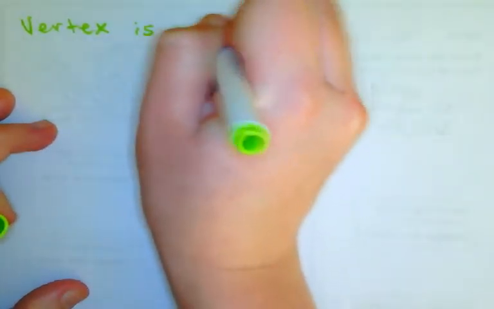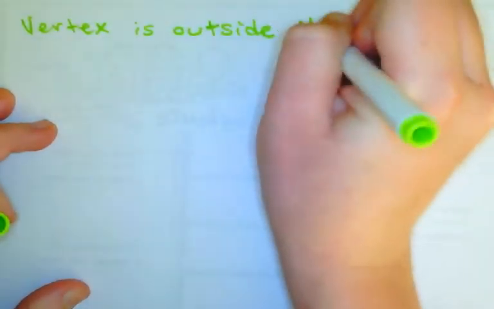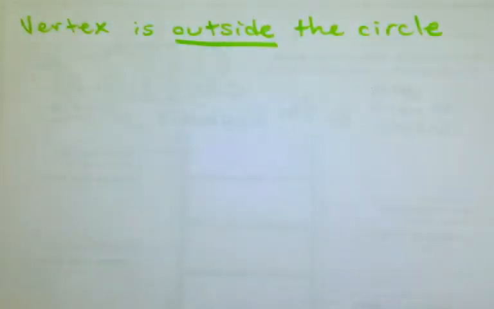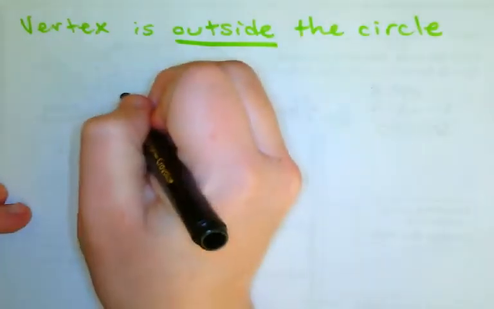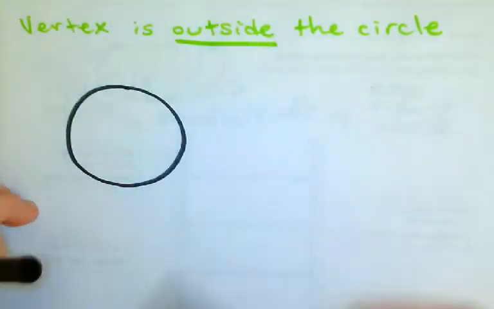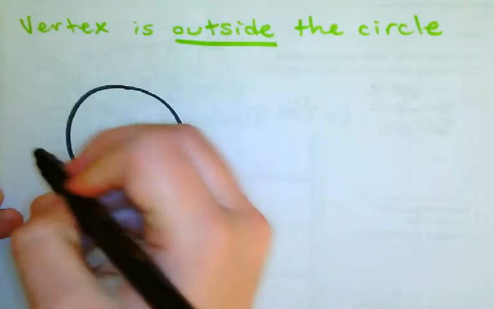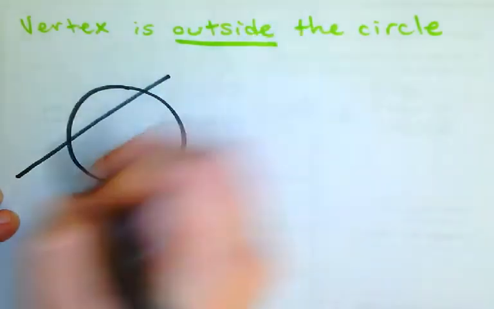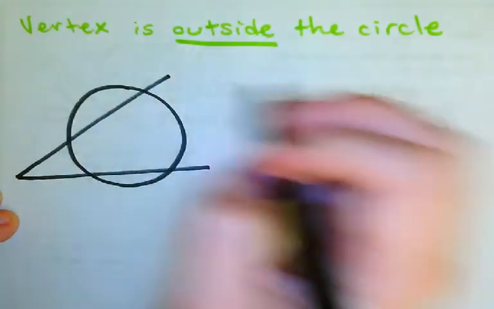All right, this last one is when your vertex is outside the circle. Vertex is outside the circle. So here's our example of what that looks like. There we go.